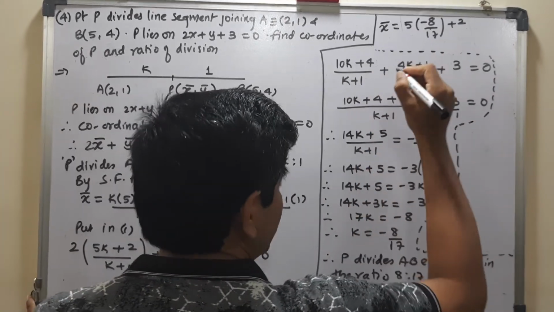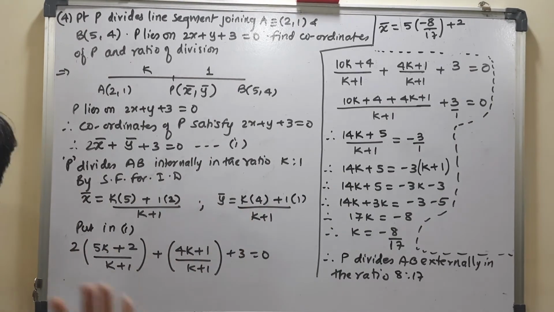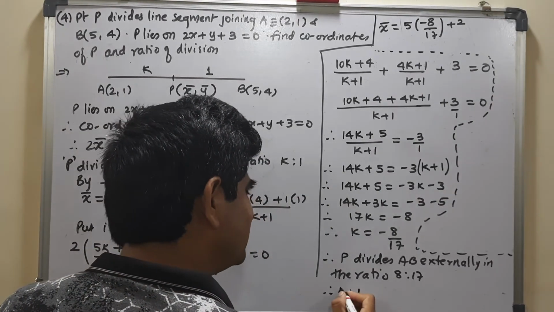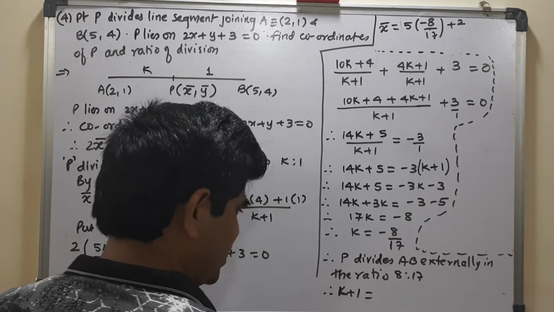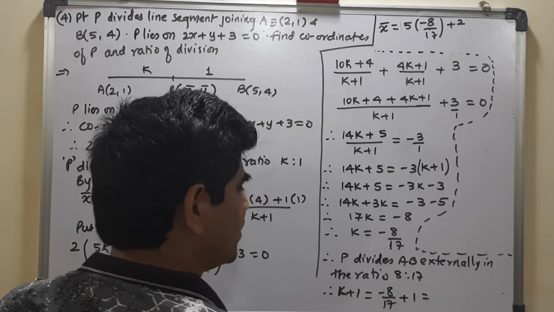upon k plus 1. So I would better find the value of k plus 1 because the k plus 1 value is the same over here. So first I am finding here the k plus 1 value. So k plus 1 value is, k is minus 8 by 17 plus 1.